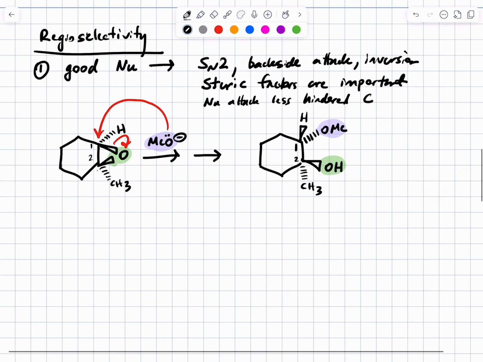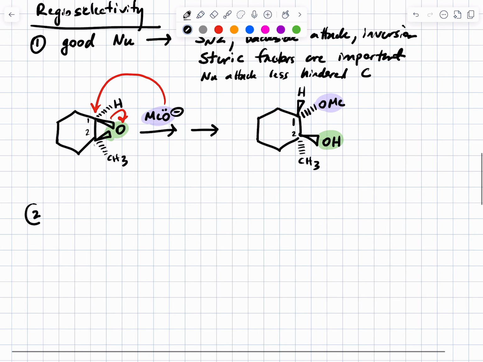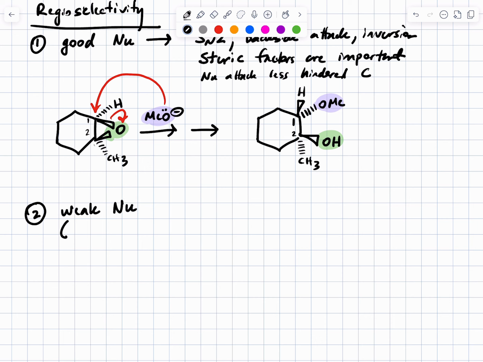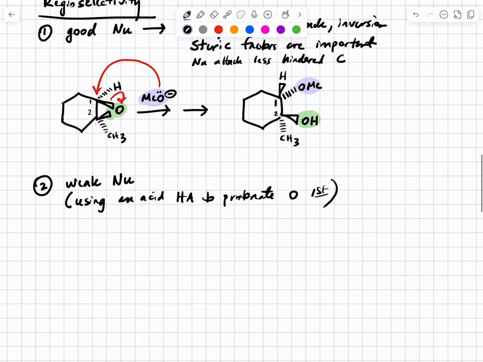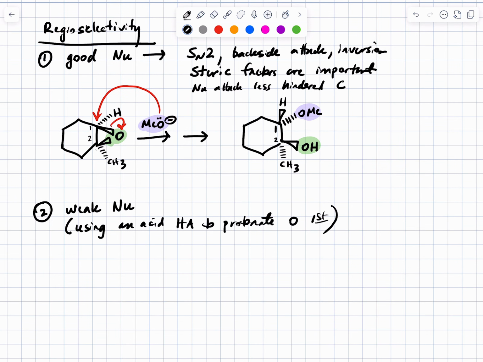All right, let's now have a second option, which is opening an epoxide with a weak nucleophile, but using an acid to protonate the oxygen first. Generally, we've seen that weak nucleophiles don't do SN2. But with epoxides, they can, as long as you protonate the oxygen first.